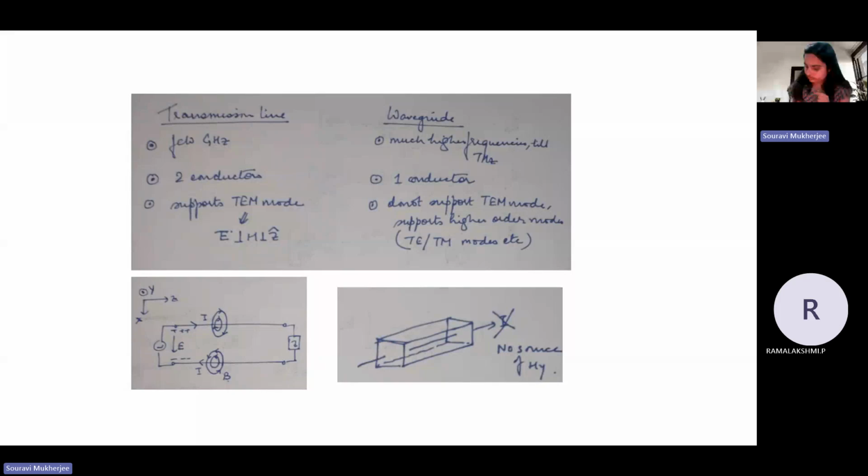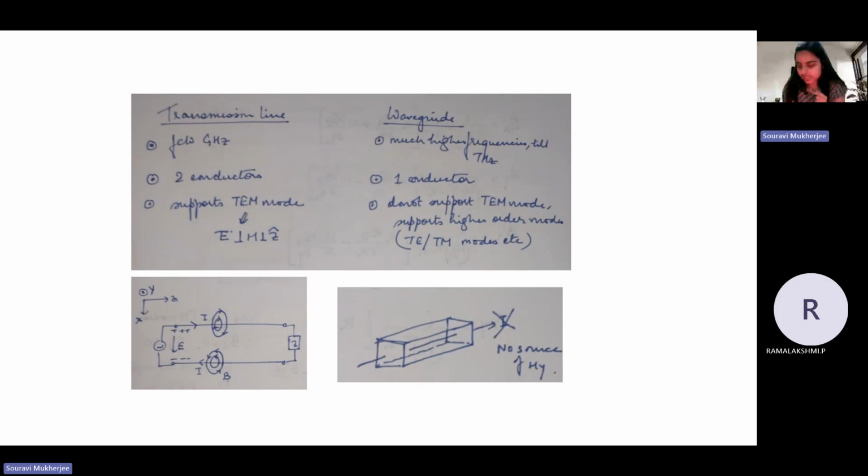Okay, so what we are currently trying to do is look at how transmission lines are different from waveguides. So one of the major differences between transmission line and waveguide is that a transmission line comprises of two conductors, whereas for waveguides we have one conductor. Okay, and we will see that in a waveguide, TEM modes are not supported. We can have different higher order modes.